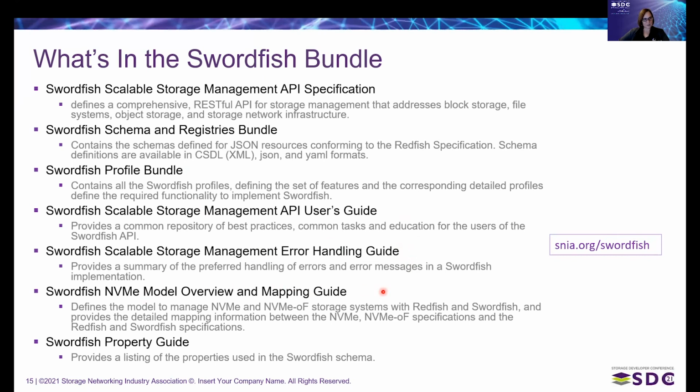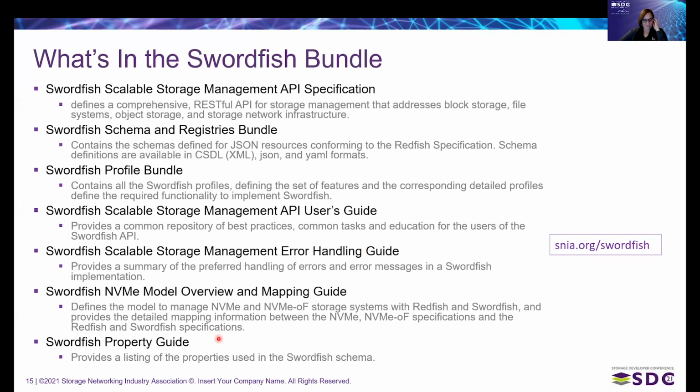Then when we get to the NVMe space, we have an extremely comprehensive document that's the Swordfish NVMe Model Overview and Mapping Guide. This document describes, for multiple different NVMe device permutations, what properties you should be implementing in Redfish, in what objects and what properties, and also how those map directly to NVM Express specifications.